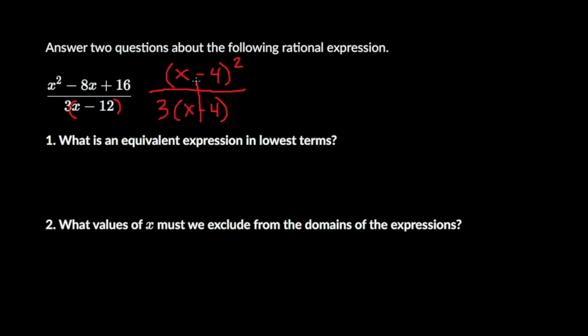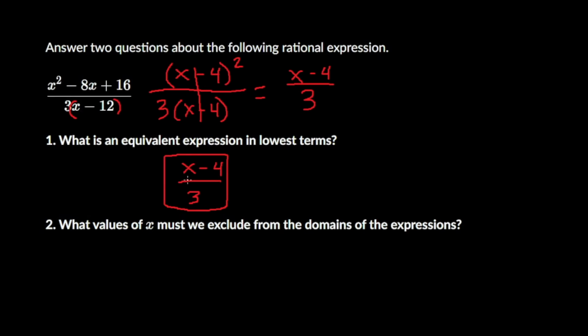Not bad. This cancels out. And what do we get? Well, we still have x minus 4, but that x minus 4 is going to be met with a 3. Cool. So what is an equivalent expression in the lowest terms? X minus 4 over 3.